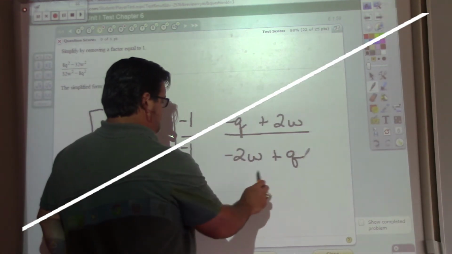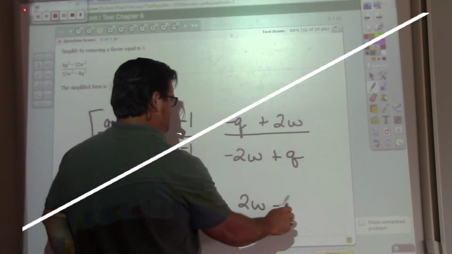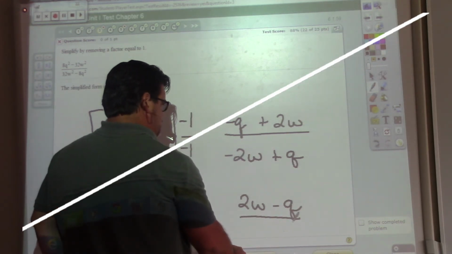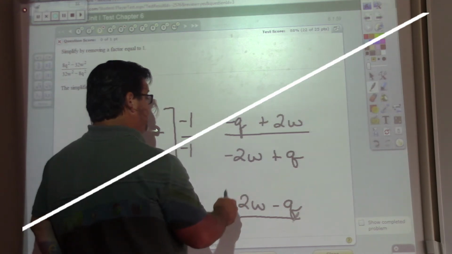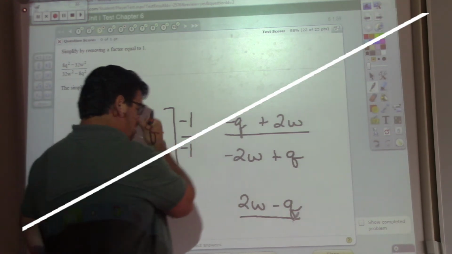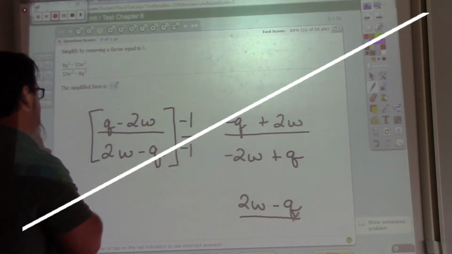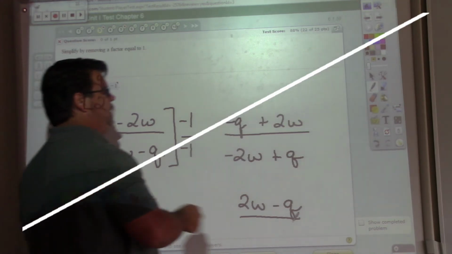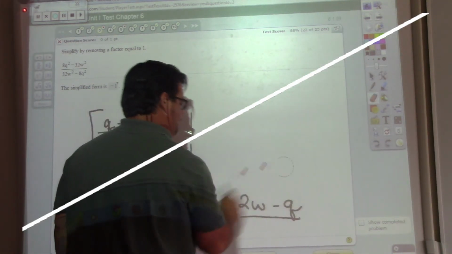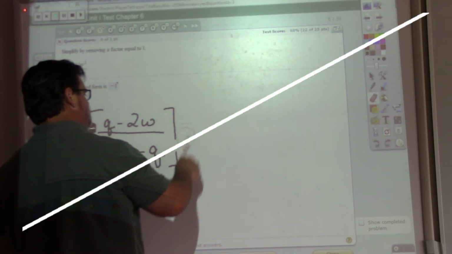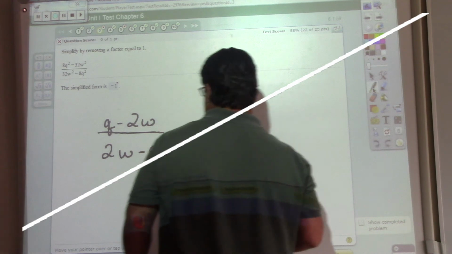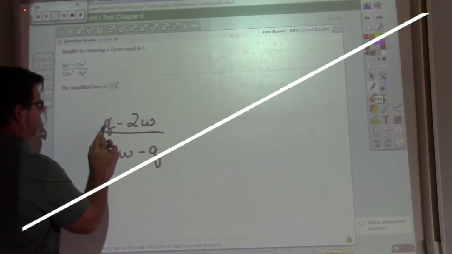Okay, hold on, let me see what I can do here. 2W minus Q over... they're factoring, what they're doing is they're factoring out a -1 right here. They're not multiplying. Show you what they're doing. This Q is positive.